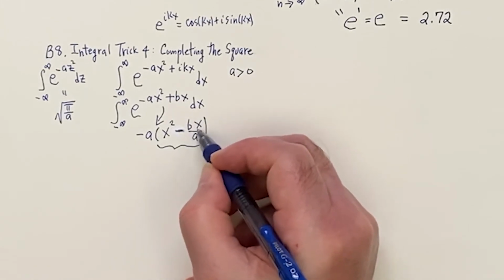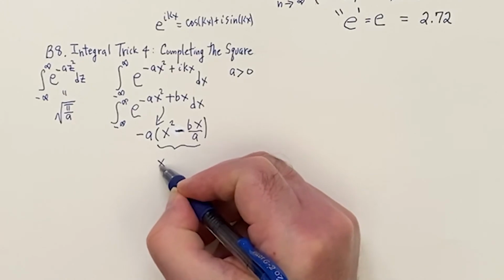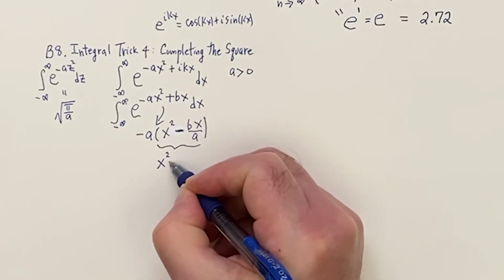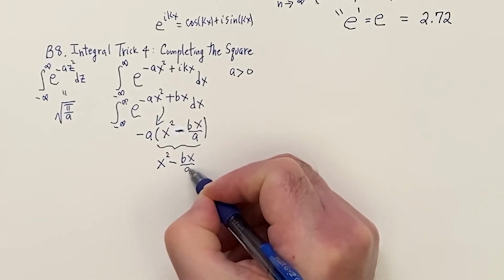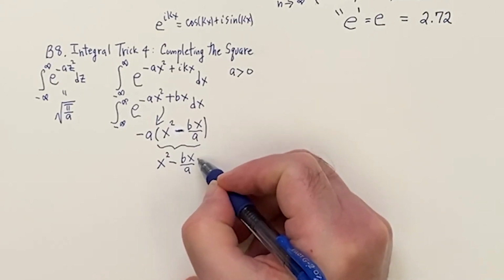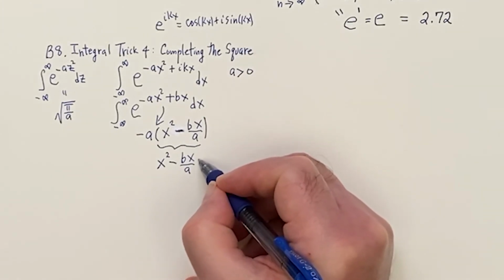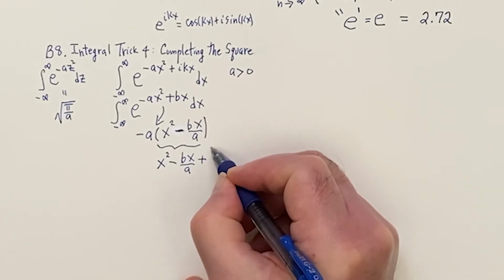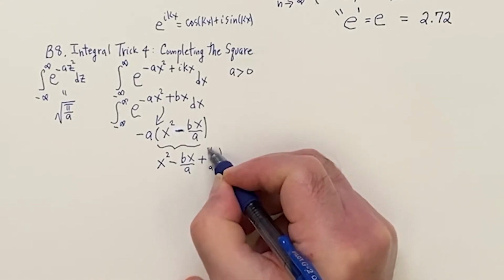If this is the cross term, to complete the square, we need the other term, but we can look at that as, say, x squared minus that bx over a. Remember, when you have a cross term, here's a 2. So that means what I have to have here is a b over 2a being squared.